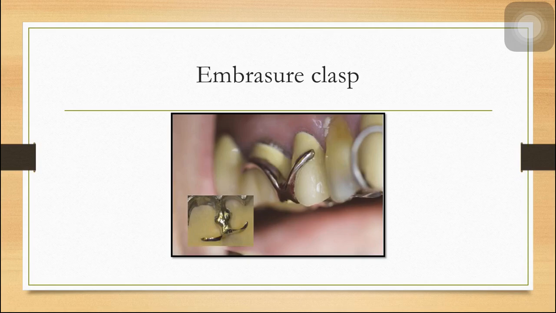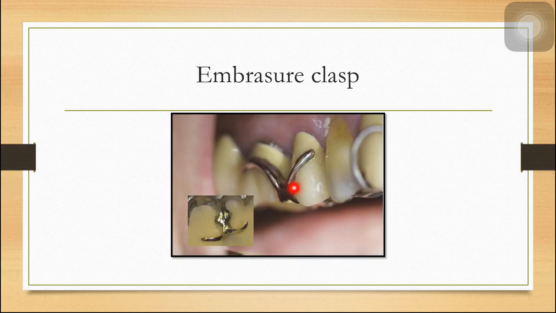Here you can see that embrasure clasp basically engages not one tooth but two adjacent teeth, and the interproximal area is used, where two rests are provided on both the teeth.